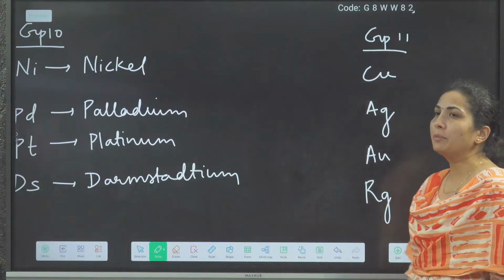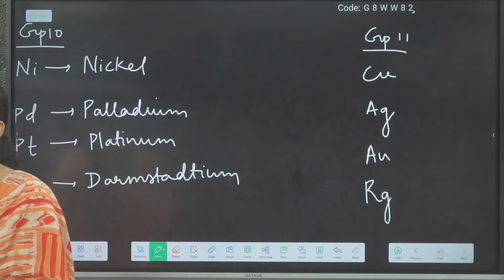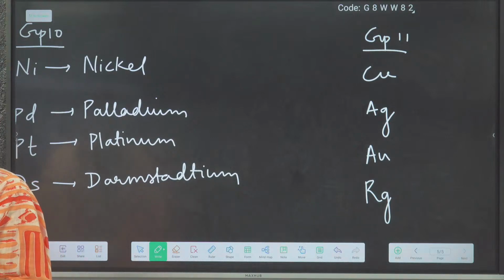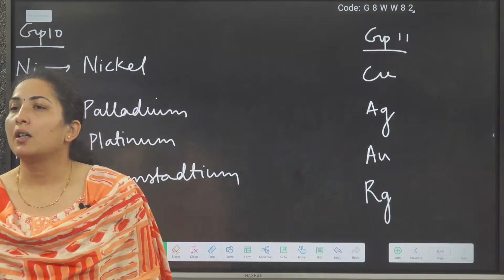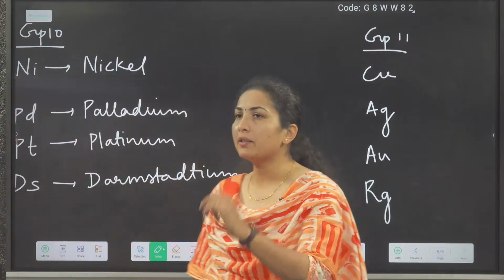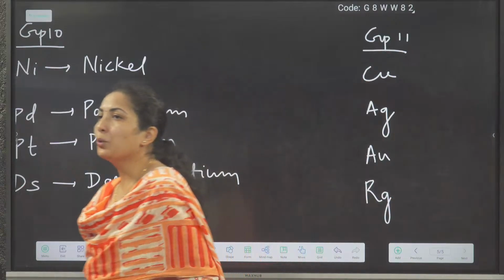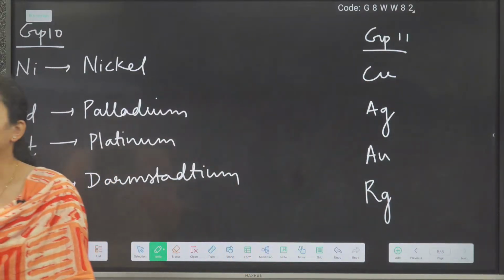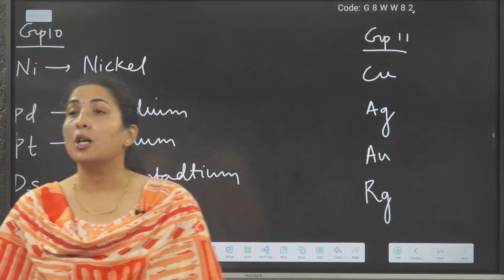Now can you tell me the symbol of these elements, what they stand for? Yes, Uma is correct. IUPAC, International Union of Pure and Applied Chemistry. Cu stands for copper. Ag is for silver. Au is for gold. And Rg is for roentgenium.